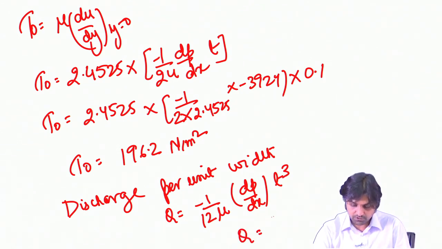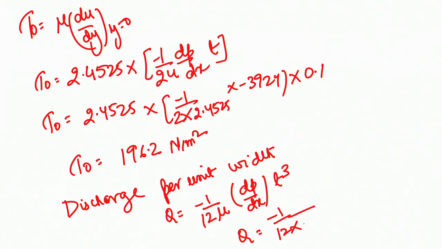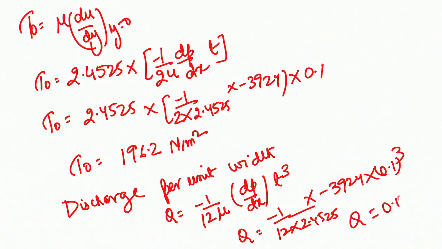Therefore, Q is going to be minus 1 by 12 into 2.4525 into minus 3924 into 0.1 whole cube. So, Q is 0.133 meter cube per second. Okay. All right. So, I will erase all the ink here.